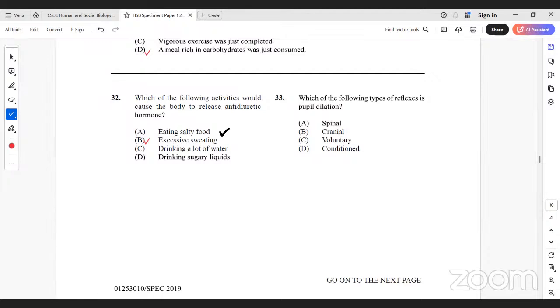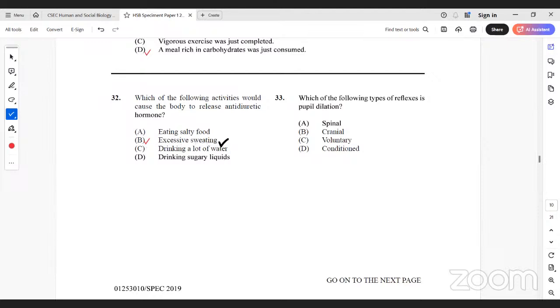Excessive sweating means you are losing water. I'm emphasizing the difference between water loss and water conservation. Drinking a lot of water, but if you're drinking water, you don't really care about conserving it, or you don't care about losing it. And drinking sugary liquids, remember, you should think about salt more, right? Sugary liquids will only impact this if the person has diabetes or something, right?